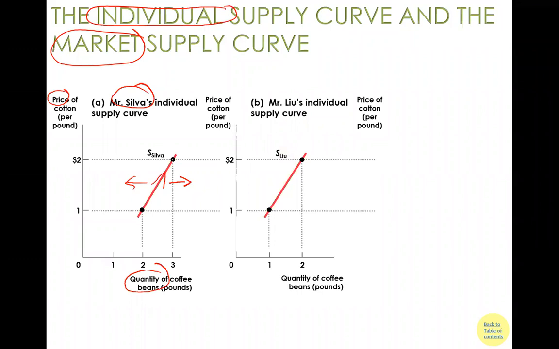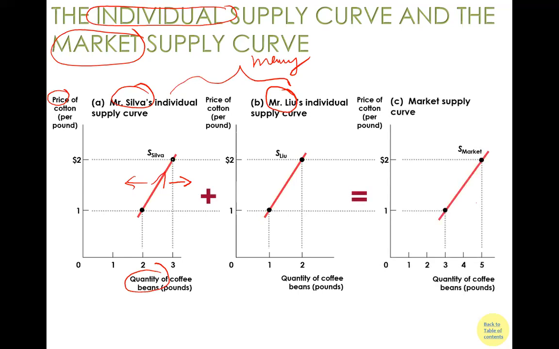Now, similarly, we look at Mr. Liu. Mr. Liu's supply curve is similar to Mr. Silva's supply curve. Here we use two individuals to represent many. Now, in the market, we have so many similar suppliers competing with each other.